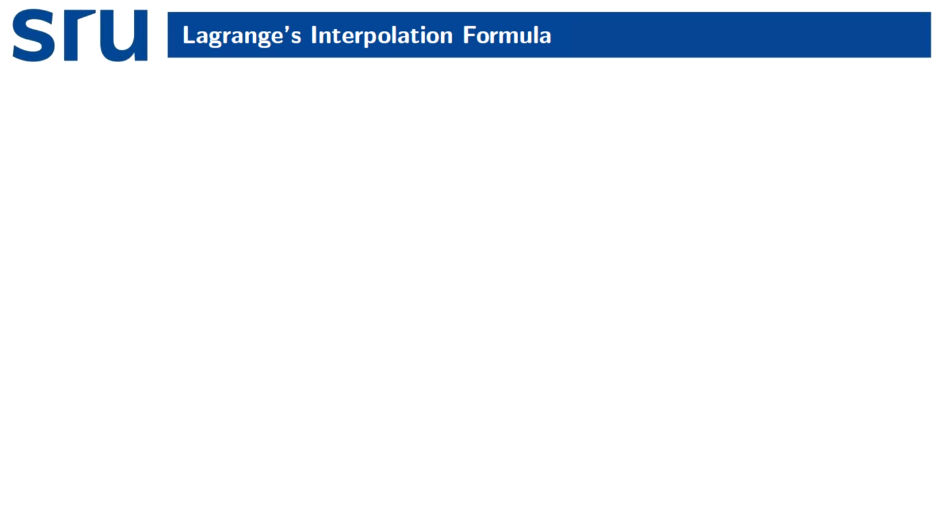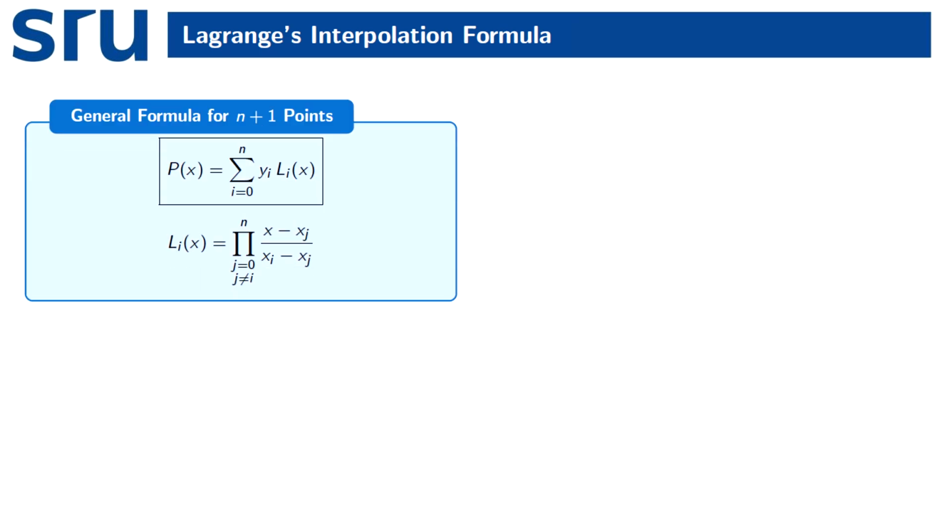All right. Now let us move to the most important slide of this lecture, where we will understand the actual Lagrange's interpolation formula in detail. The general formula for n plus 1 data points is in front of you. Let us start with the general term. The interpolating polynomial is given by p(x) equals summation i equals 0 to n y_i L_i(x).